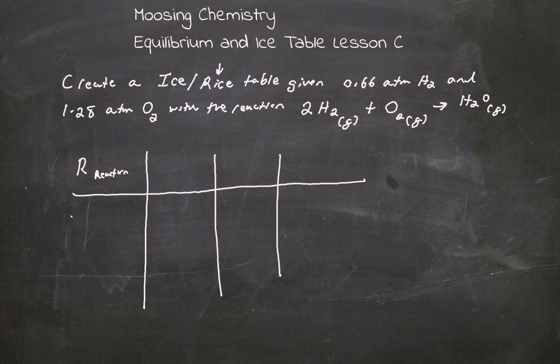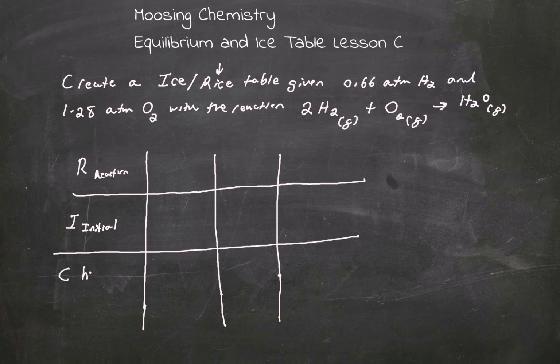Then we're going to have our initial, so that's our I, and that's our initial information. Then we're going to have what we call the change. How does it change?